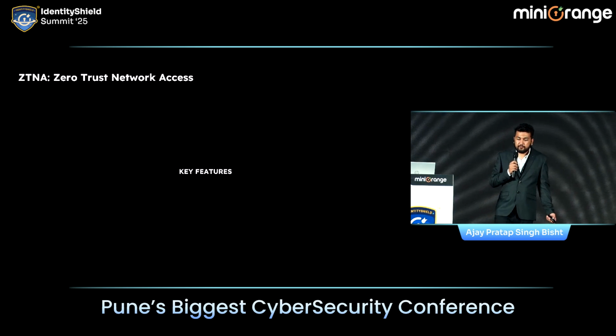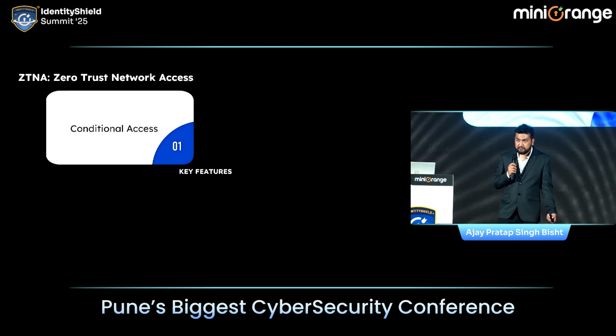Next, we have a few key features of a zero trust architecture. First, we have conditional access. Let's take an example to understand what conditional access would be. If I am continuously working on my device, I won't be restricted in this scenario. Let's assume I just take a walk and go away for lunch and my device is kept open, my session is open.